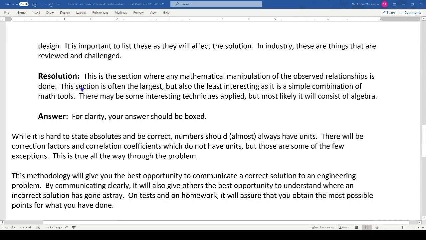It's hard to put absolutes on this, but numbers should almost always have units. There may be things like emissivity, which doesn't have units, or shape factors, which don't have units. Some of the straight math problems will not have units, but engineering problems almost always have units.